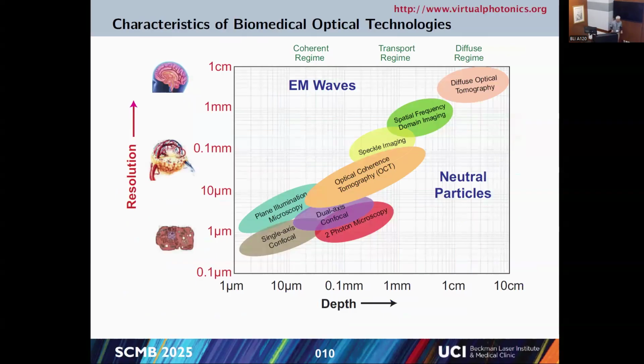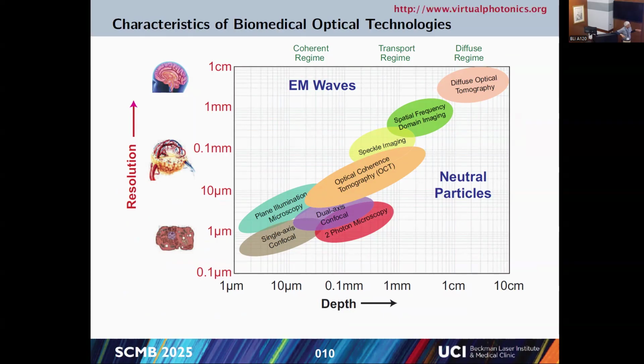So, I think probably all of you have seen versions of this slide before. As you gain in depth of probing, you lose in resolution, and you lose in resolution primarily due to the dispersion of the light and the loss of coherence of light, right?